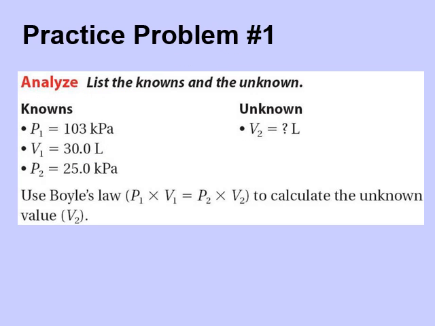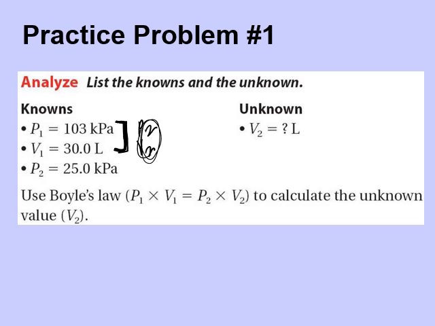So we're going to list out our knowns. We know two pressures and we know the starting volume. These two are linked together because they are our initial conditions. So 103 kilopascals exists under the conditions of 30 liters. It doesn't matter if I technically label that P2 and V2, as long as they are linked together in being in that second set.